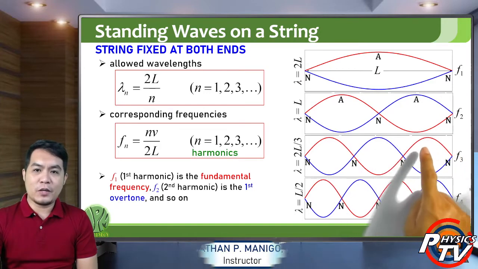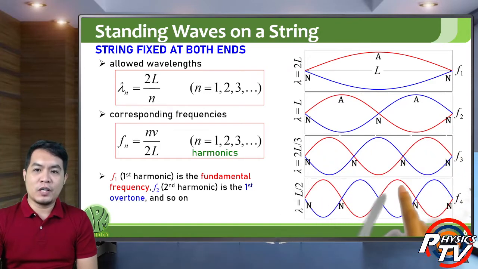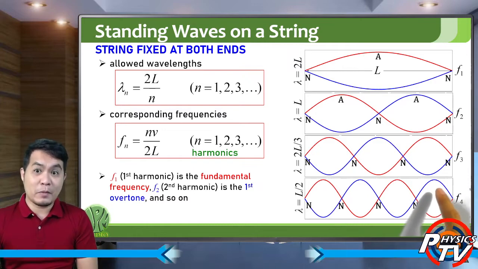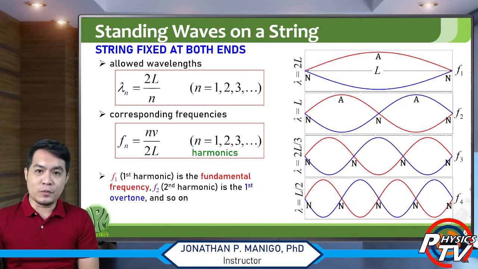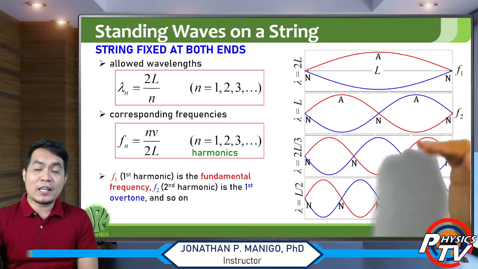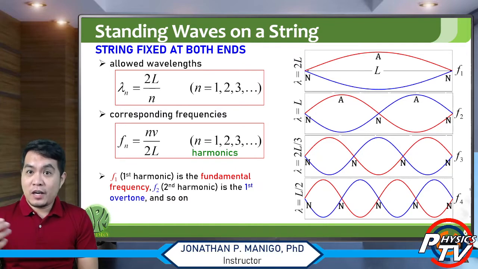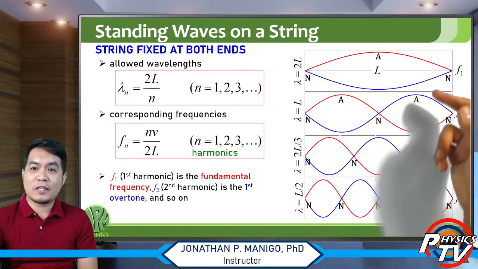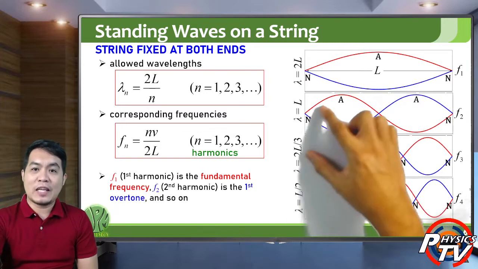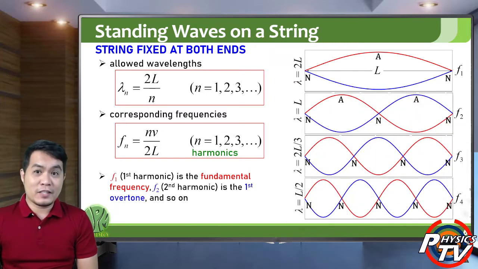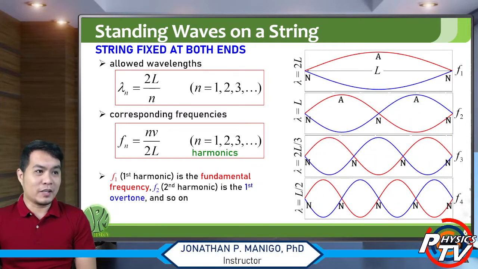And for f3, you see three antinodes or three loops. And for f4, you will see four loops. Again, these are just the resonant or the standing wave frequencies of the string. If the frequency of vibration doesn't match these frequencies, then you will not see these interference patterns on the string.